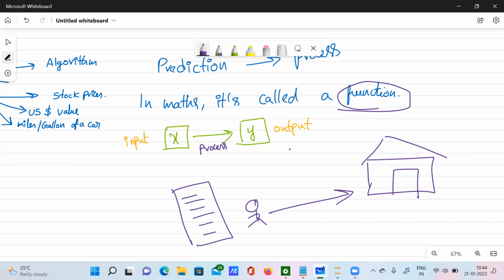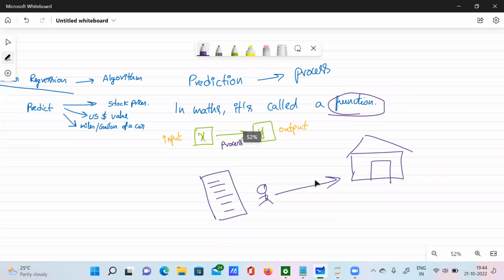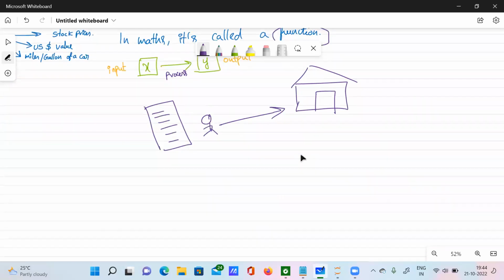So here what is our objective? Our aim is to predict. So this is kind of a classification problem basically. But no worries, I'll give you another example.